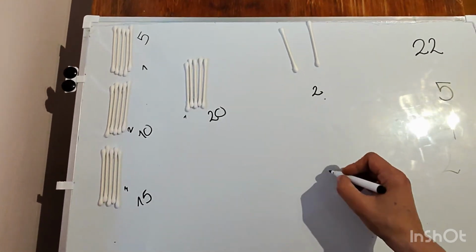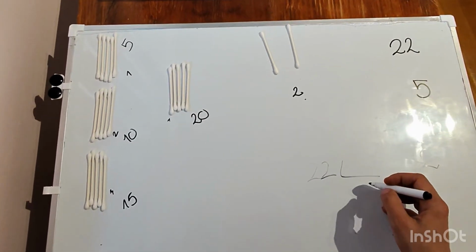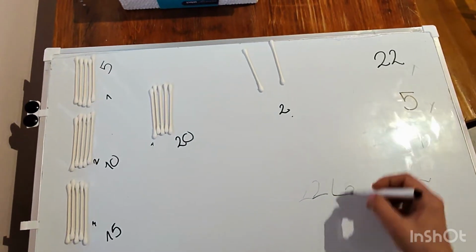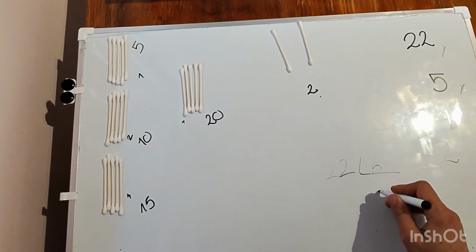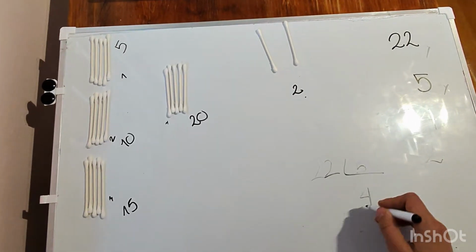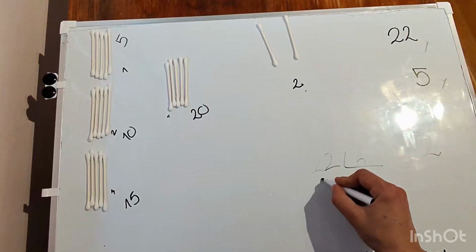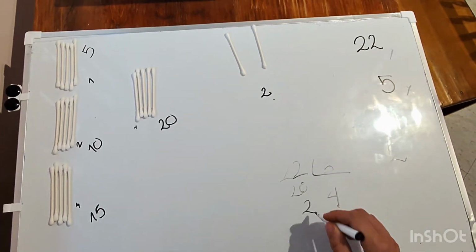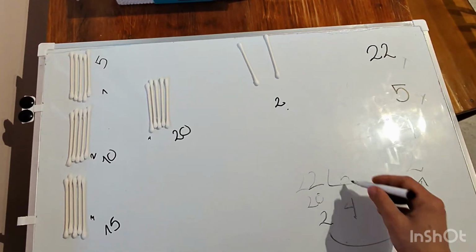So we have 22 divided by 5 equals 4, because 4 times 5 equals 20, and here is where we have 2 left over.